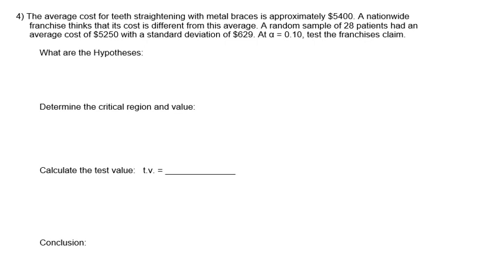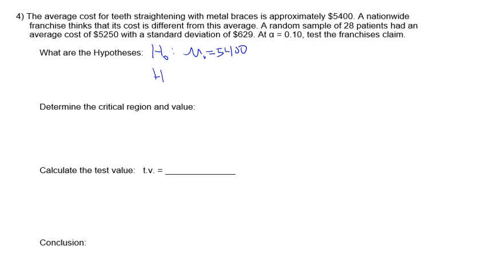In other words, a nationwide franchise thinks that its cost is different from this average. So, the null hypothesis is based upon what the claim is and what it is comparing itself to. It's comparing itself to the mean of 5,400.